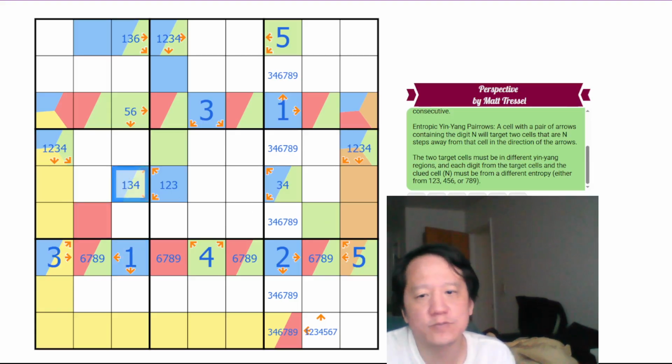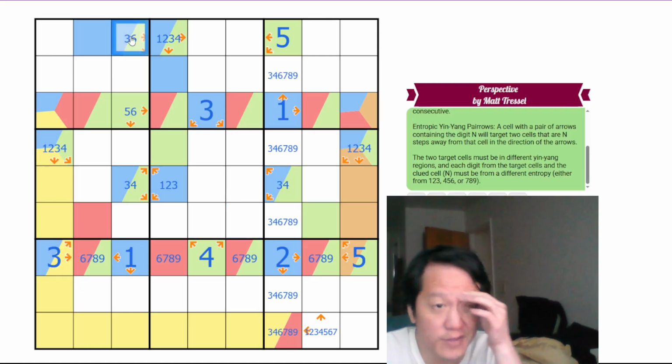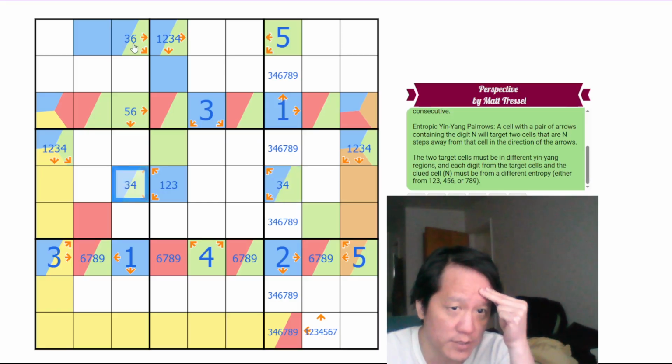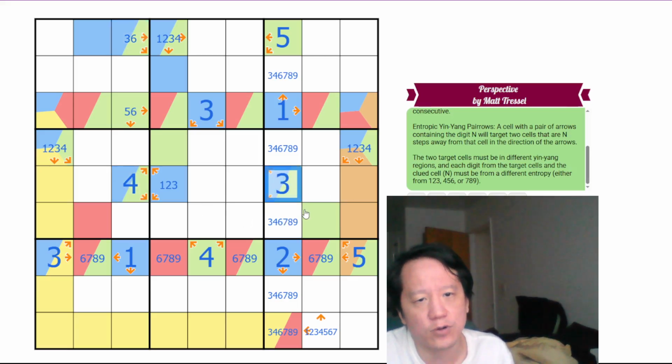This 1 eliminates 1 here. No 1 here. I don't think this can be 3, right? Or this can't be 4. If this is 4, this becomes 3, and then this has to be 3. So then this would have to be 3, that would be 4. Which means this can't be 3 here.